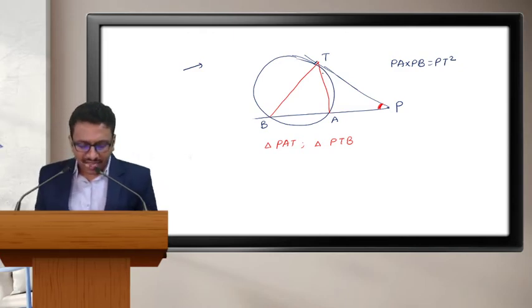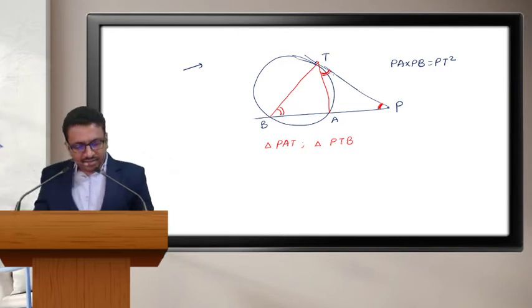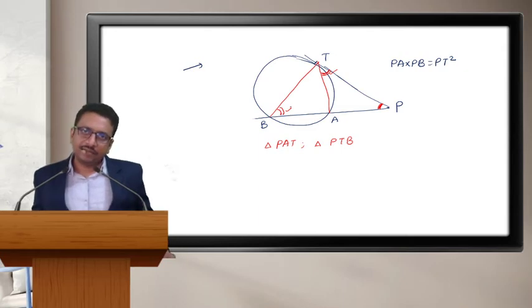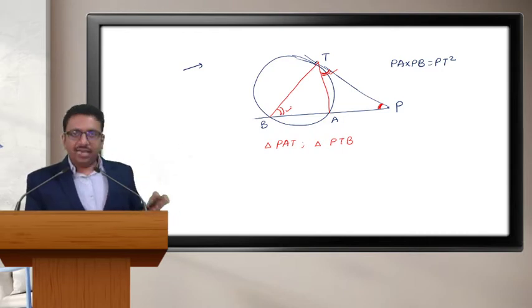Now I can say that this angle is equal to this angle. Pay attention. This angle is equal to this angle. Actually, this is a statement which we are going to prove in the next theorem.